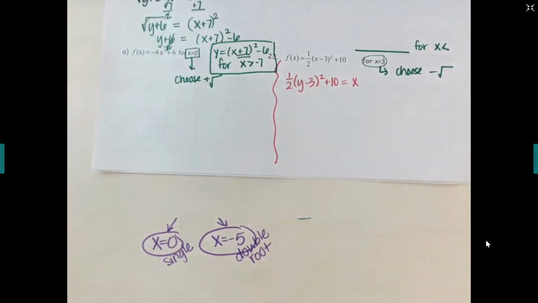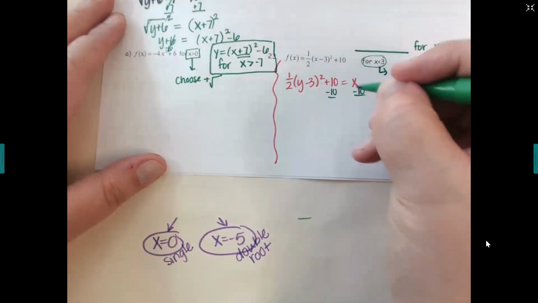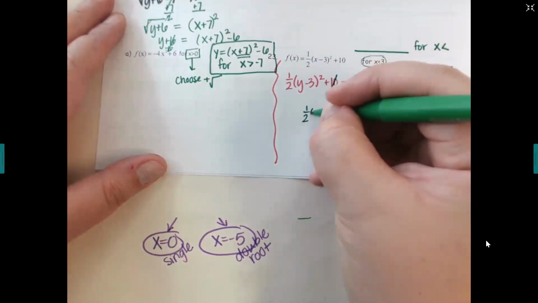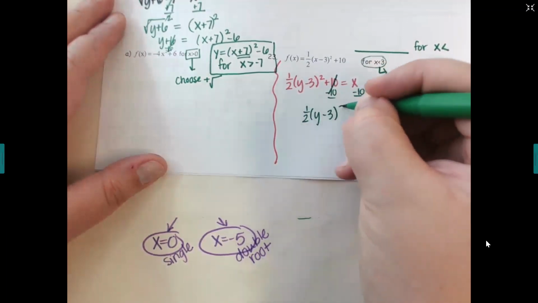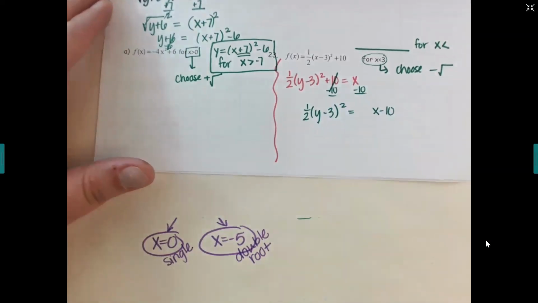All right, what are we doing first? Taking out the 10 with a subtraction of 10. So I have 1/2 (y minus 3) squared equals x minus 10. Next step, how do I get rid of the 1/2? That's a divide by 2 right now.